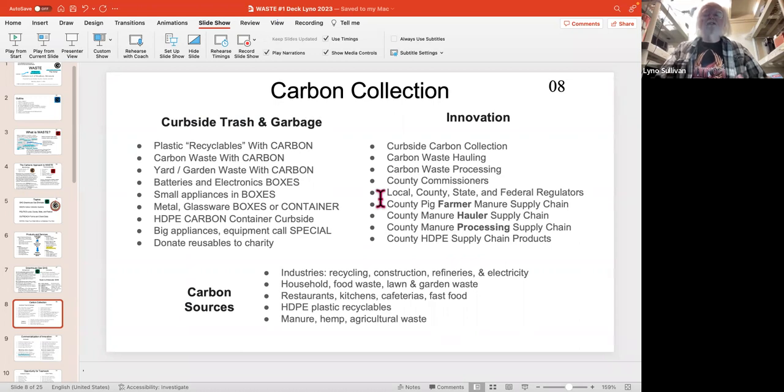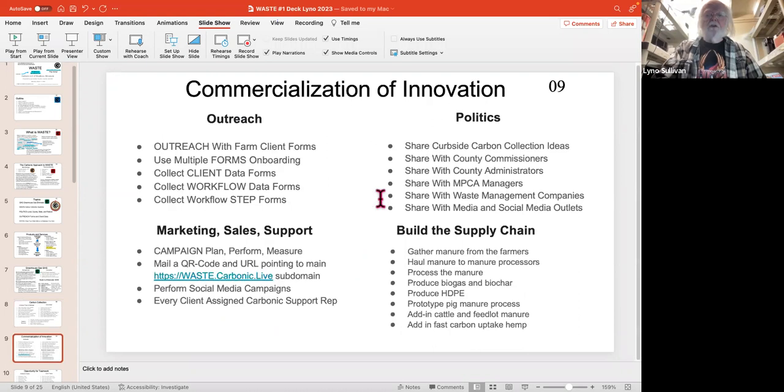We have systems and agreements, and we have to put together a supply chain where someone says, if I can deliver you 5 tons a day from 1,000 pigs of manure, I will do that every day that my herd is alive, something like that. So that's the carbon innovation: the collection, commercialization, the outreach.